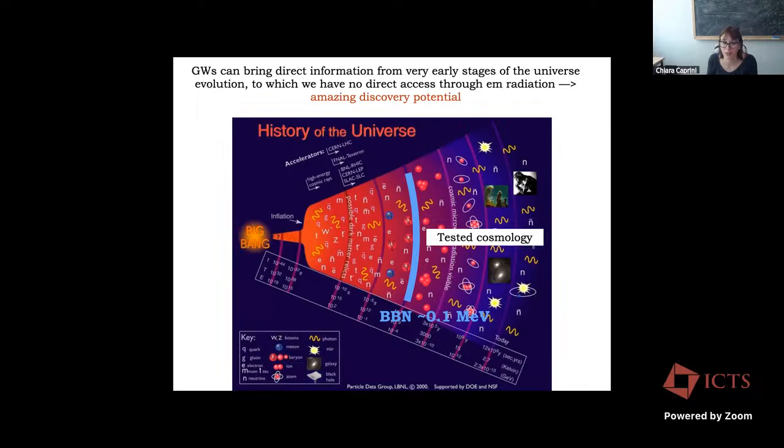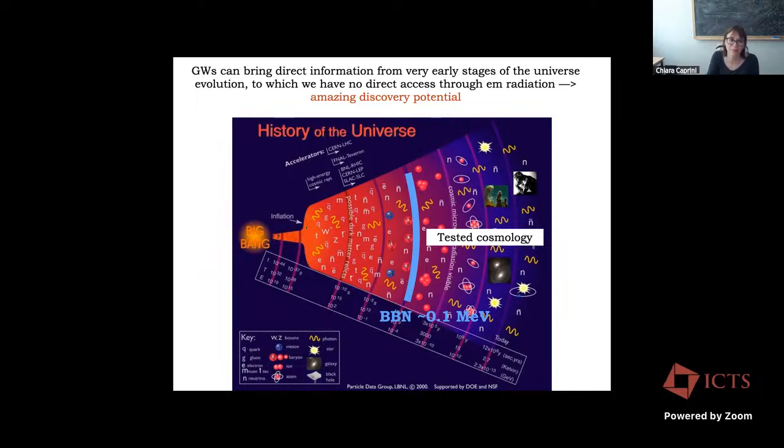It's just a potential, because you need to have signals. In particular, I've highlighted the time of Big Bang nucleosynthesis, which separates the part of tested cosmology from untested cosmology.